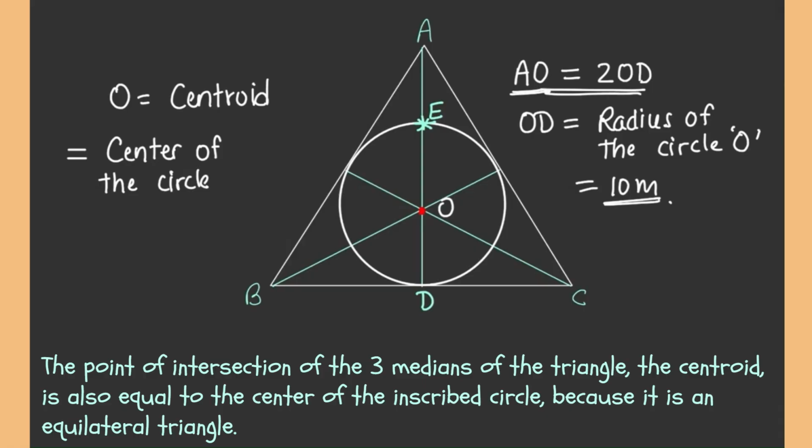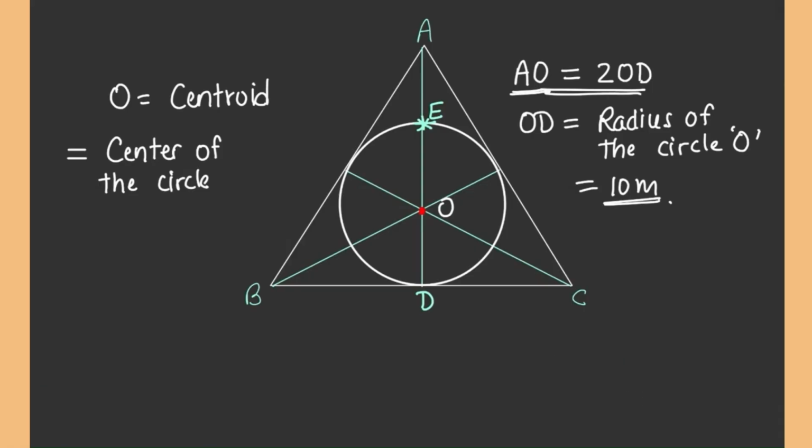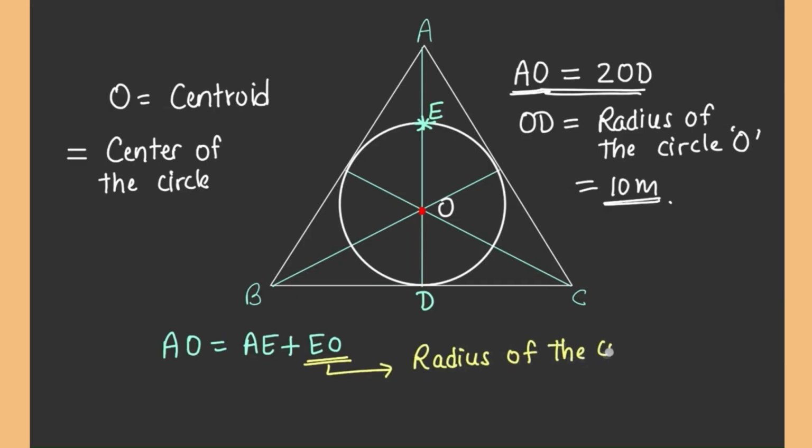All right. Now we're going to say that AO is equal to AE plus EO. Now, what is EO equal to? EO is nothing but the radius of the circle O, and we know its value is 10 meters.